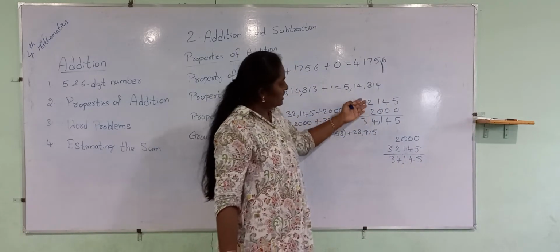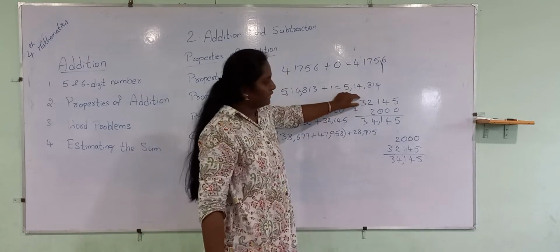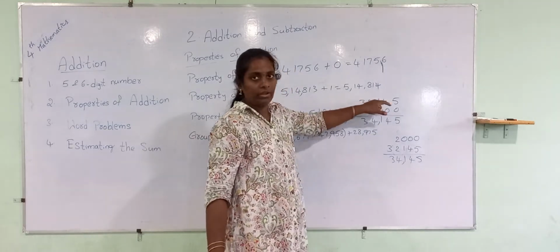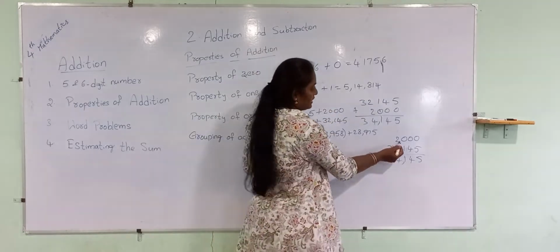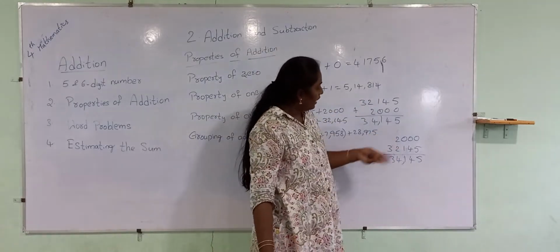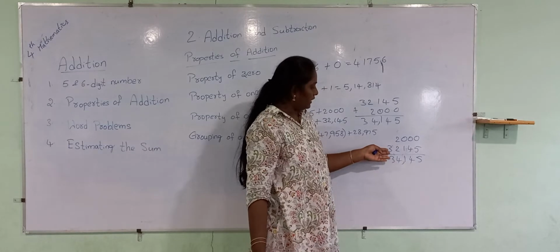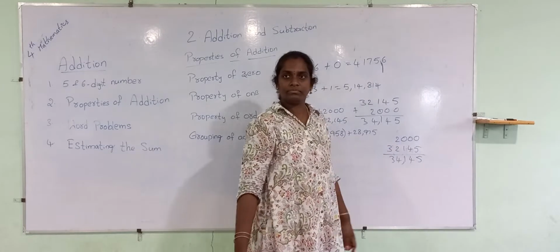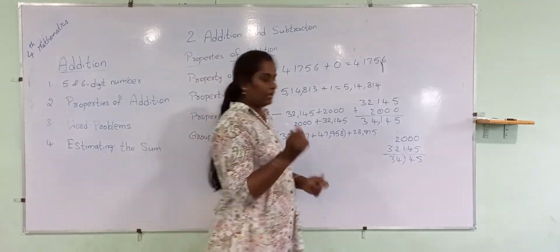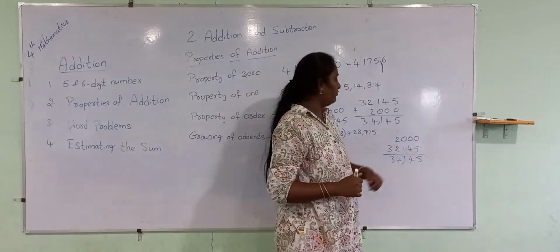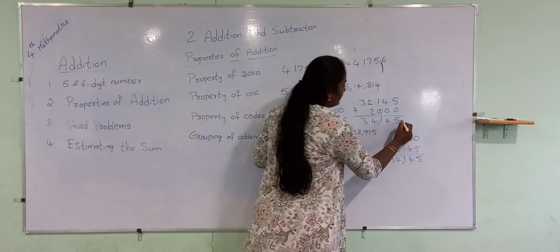Here I just changed the order. Here first we wrote 32,145. Next we wrote 2,000. Here I changed the order. First I wrote 2,000. After that 32,145.